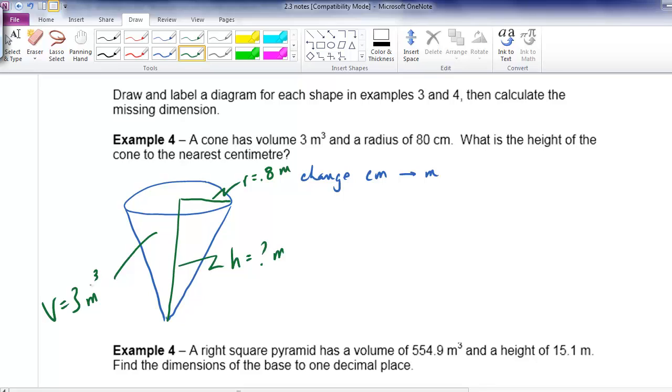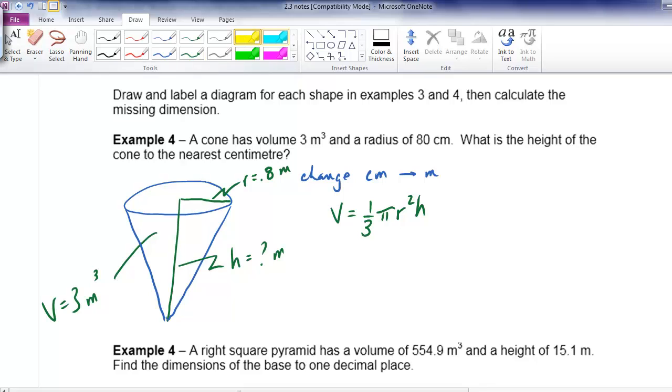The key thing is to recognize the misalignment of units. Now, the volume of a cone is 1/3 pi r squared h.